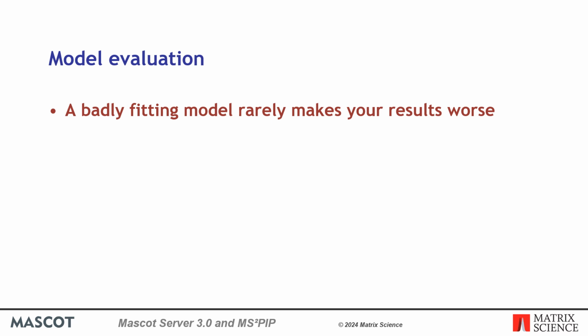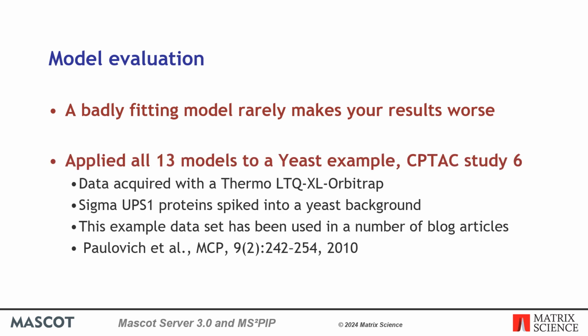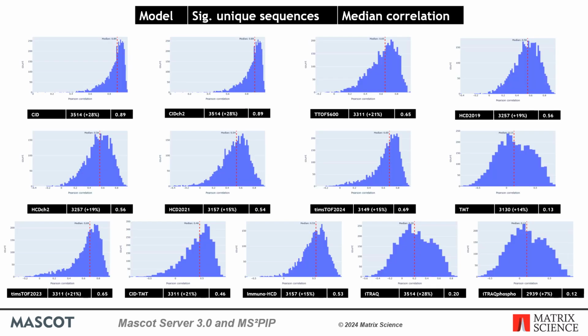We applied all 13 models to an example dataset. This is a CPTAC yeast example that is acquired with a Thermo LTQ XL Orbitrap. We've used this example in a couple of other articles on our website, as it is small enough to quickly iterate through all the models. The number of significant unique sequences is taken at 1% sequence false discovery rate.